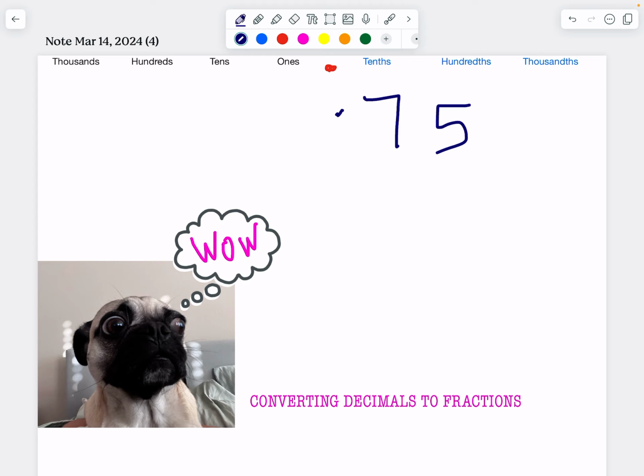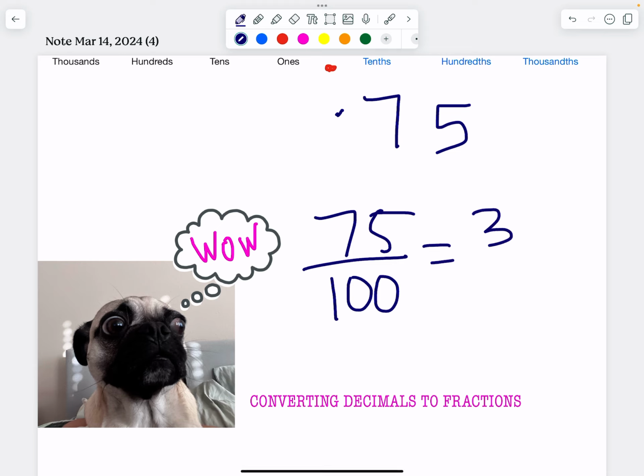Well, if we put 75 over 100 because that 5 is in the hundredths place, we know that 75 can be divided by 25, and so can 100. So 25 will go into 75 3 times, and it will go into 100 4 times. So 0.75 is 3/4.